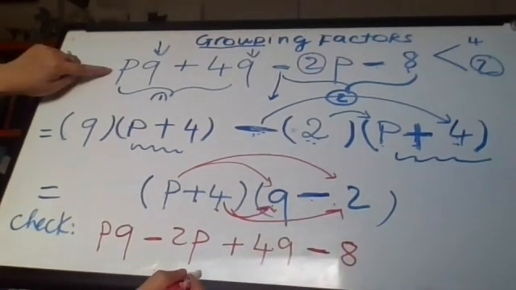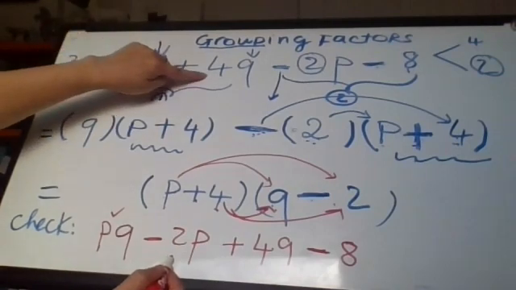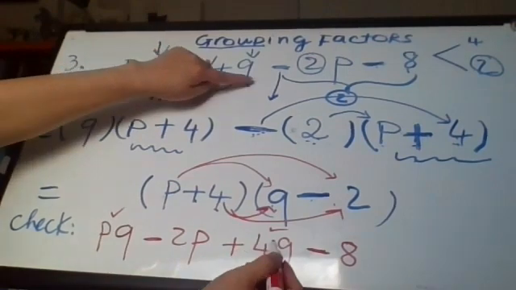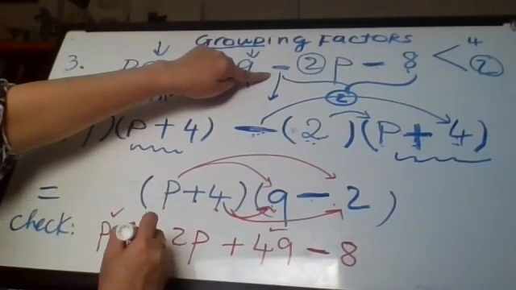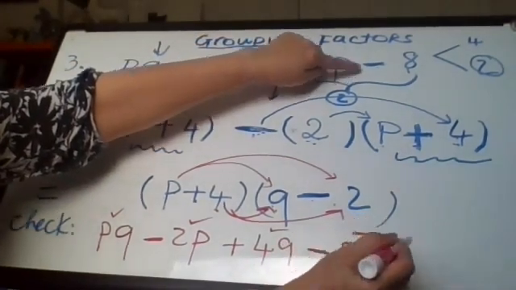Now let's check. PQ, yes, we have it. 4Q, yes, we have it. 4Q here. Minus 2P, yes, we have minus 2P. Minus 8, minus 8, correct.